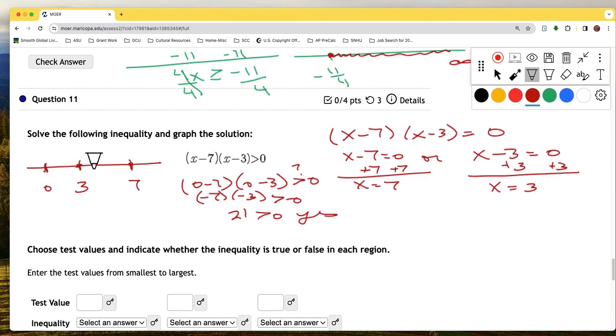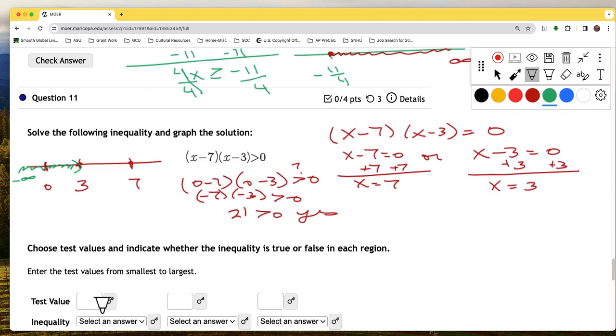So on the left side of 3, at 3 it's not included, but to the left side this is all going to be positive. So choose test values and indicate whether the inequality is true or false in each region. Enter the test values from the smallest to the larger. So I used a test value of 0.